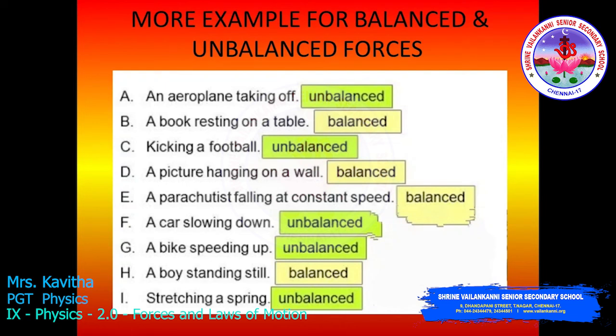A parachutist falling at constant speed is a balanced force. A car slowing down is an unbalanced force, obviously. A bike speeding up is an unbalanced force. A boy standing still in the same position, at rest, is a balanced force. Stretching a spring is an unbalanced force.